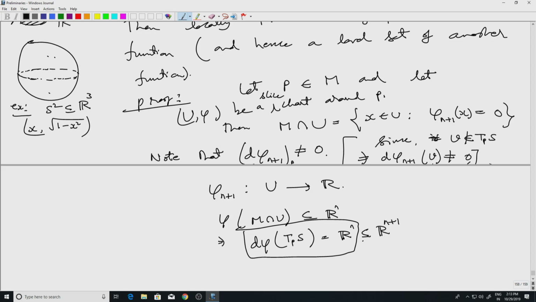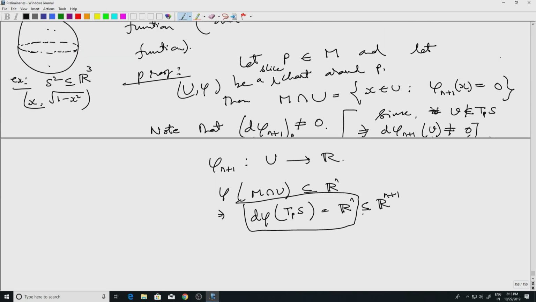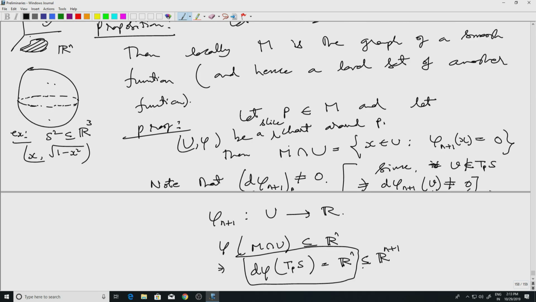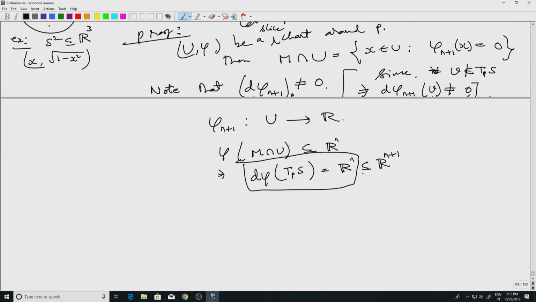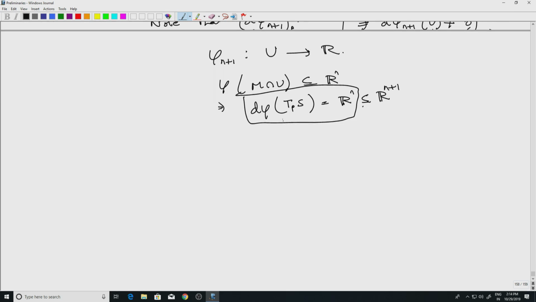So in short, what I have is that I've already shown that M intersection U can be realized as a level set. So now I have a level set.